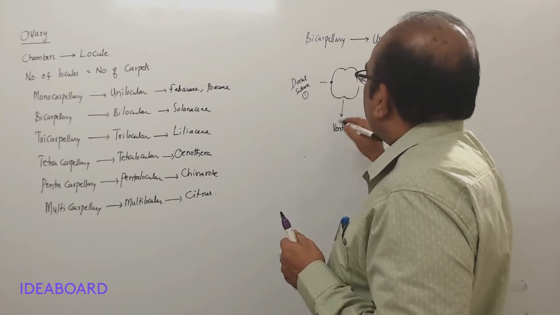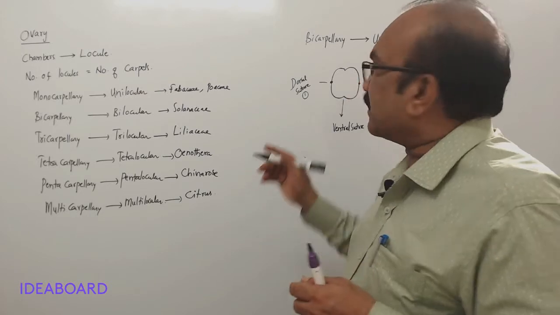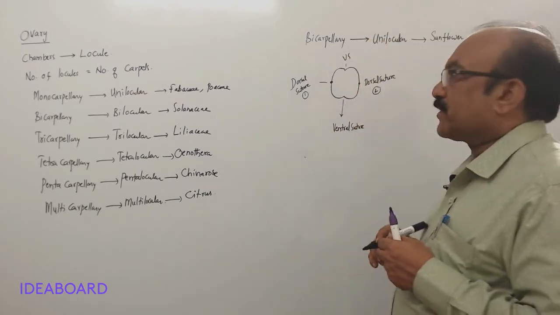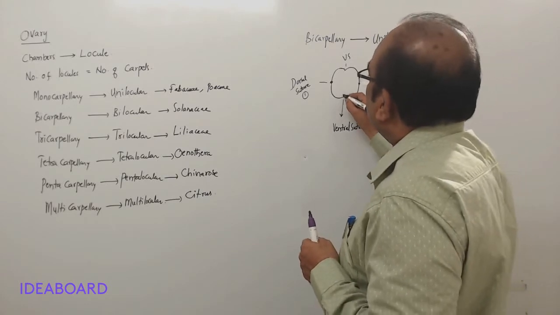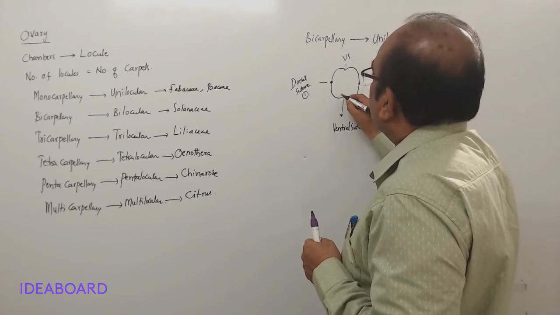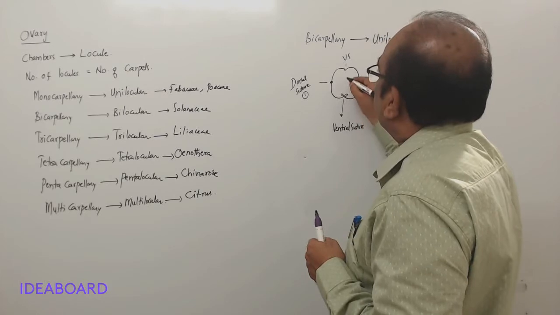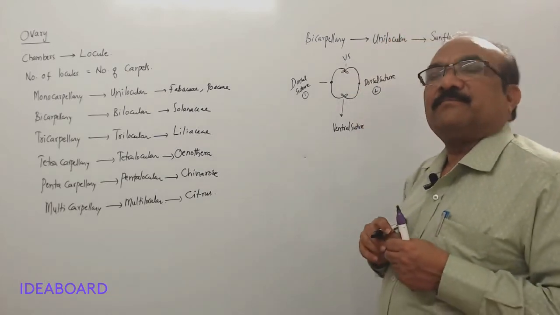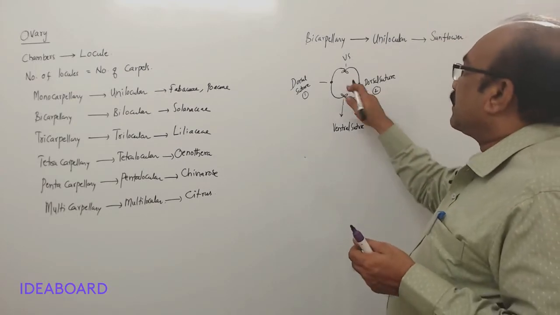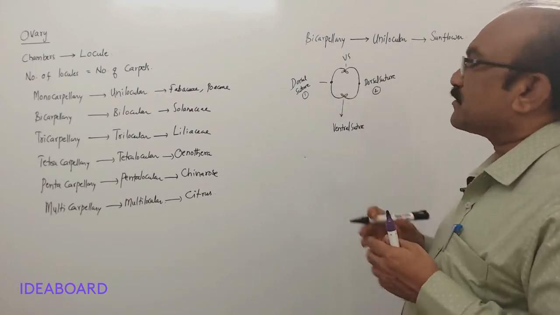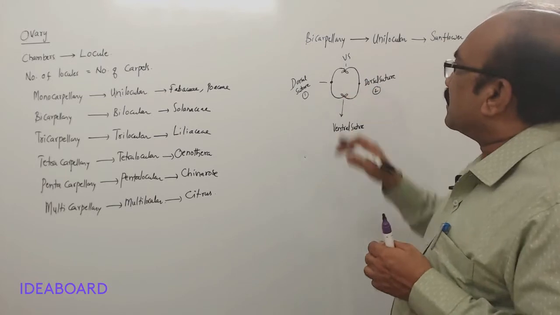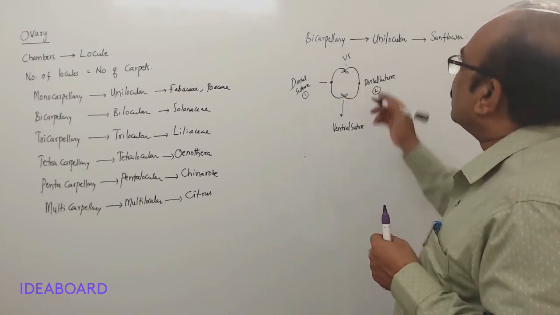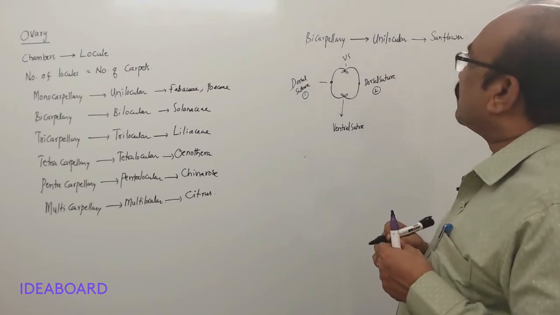So ventral sutures are formed by the fusion of two different carpels, here and here. Generally, cushion-like tissue will develop here that produces ovules and is called placenta. So now you can see how many chambers are there because of this fusion. Though there are two carpels, there is a single locule inside. That's why it is called bicarpellary unilocular.